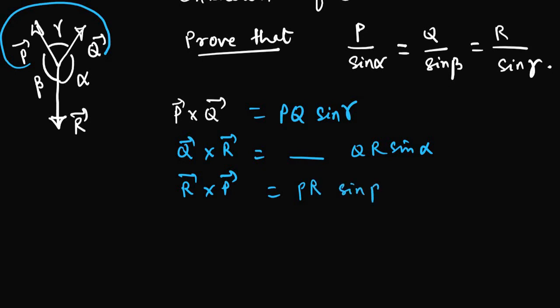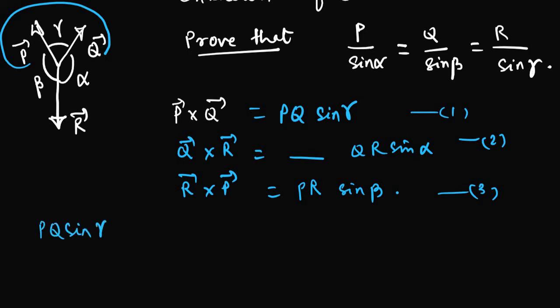Now if I divide all three values of the cross products by PQR, what would it be?